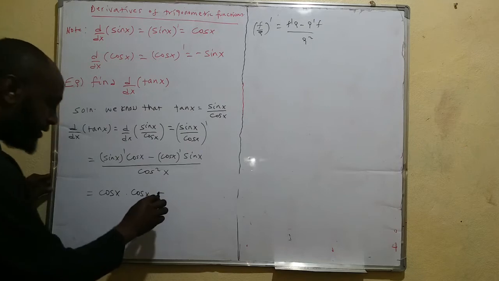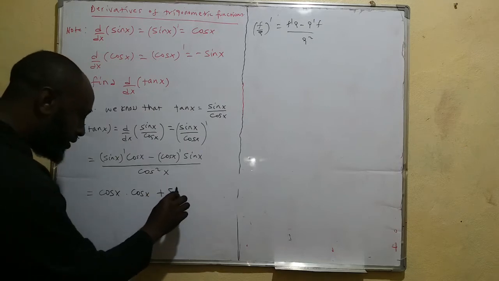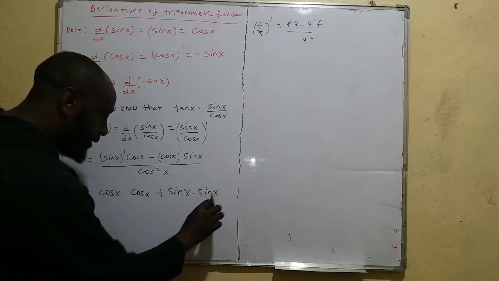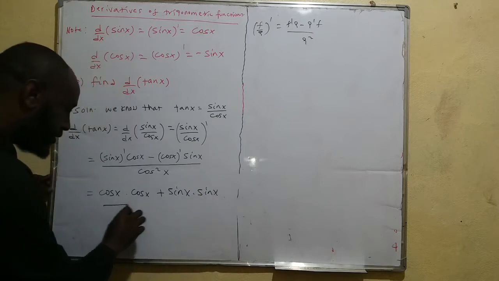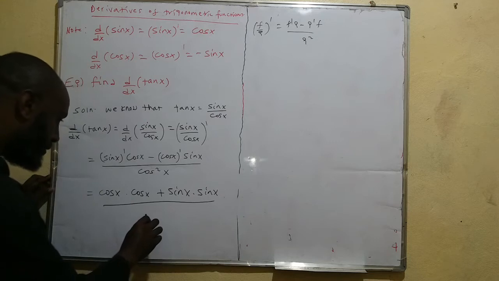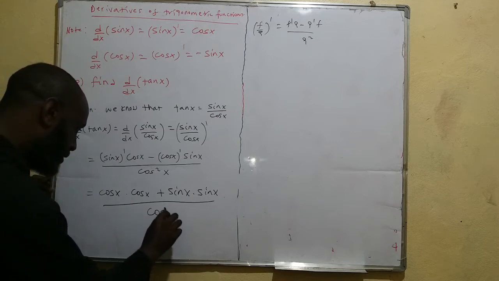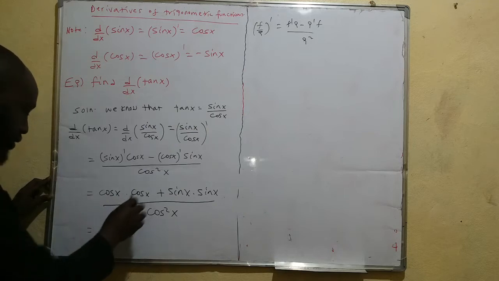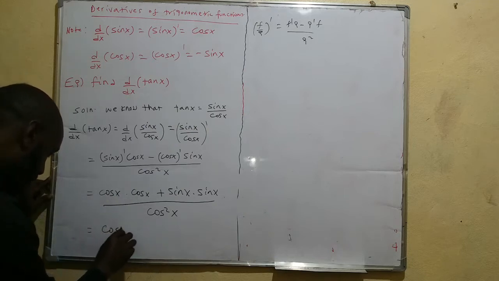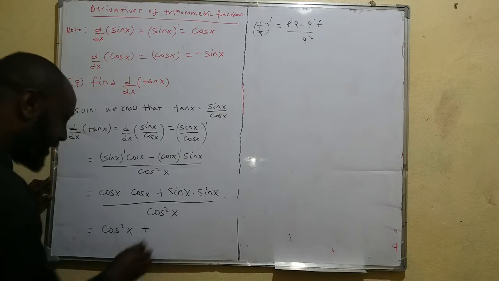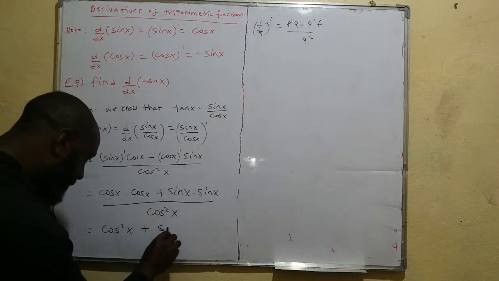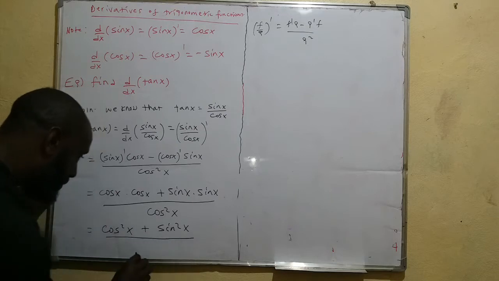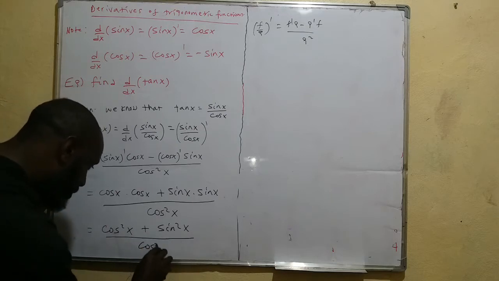With this minus, it becomes positive sin x times sin x, over cos square x. Therefore, this is equal to cos square x plus sin square x, over cos square x.